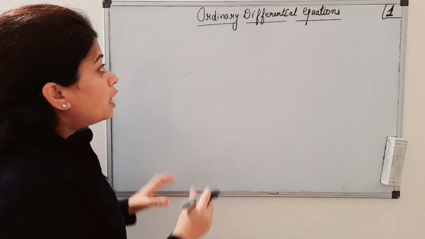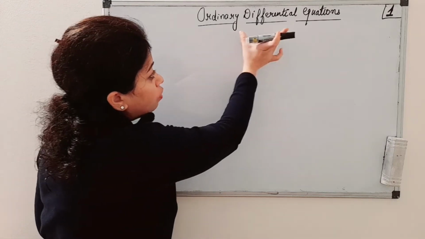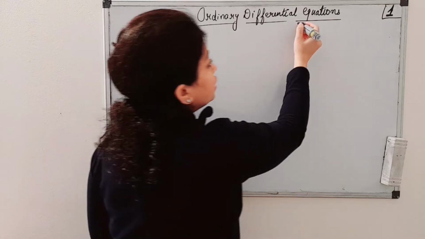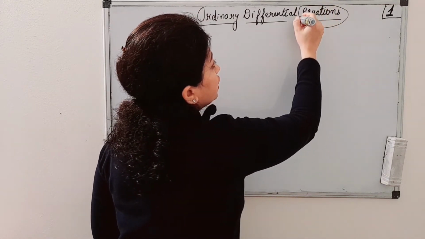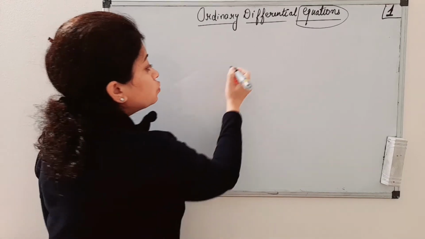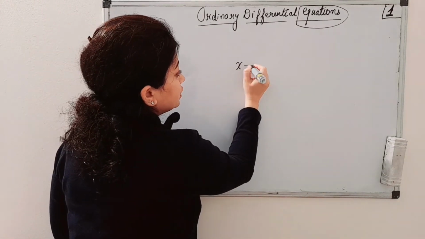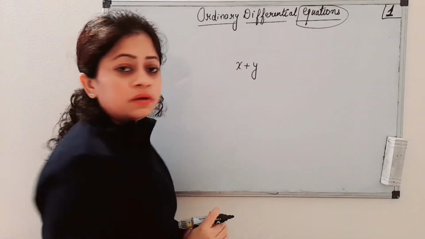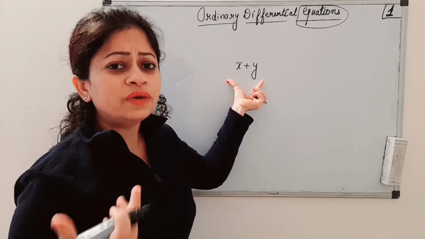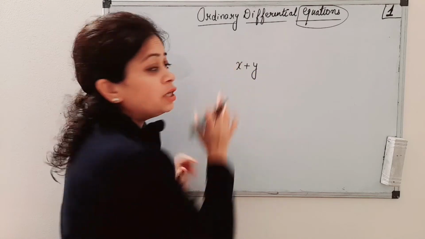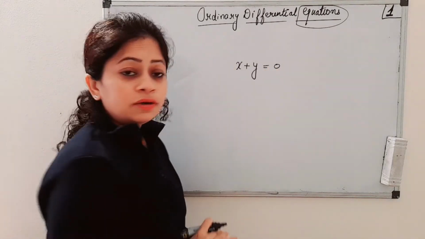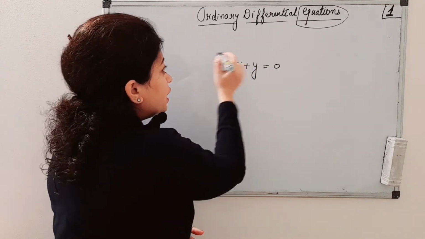Now we are starting with what ordinary differential equations are. First of all, what are equations? Suppose we have x plus y. Is that an equation? No. If we are studying an equation, we should have an equal sign in it, otherwise it is a polynomial.